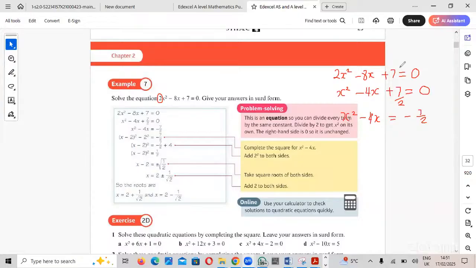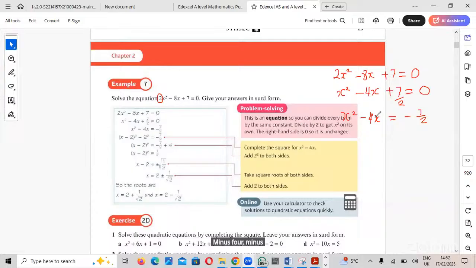If you remember, I said that when you want to solve a quadratic by the complete the square method, the next step is to divide the coefficient of x by 2. What's the coefficient of x in this question?